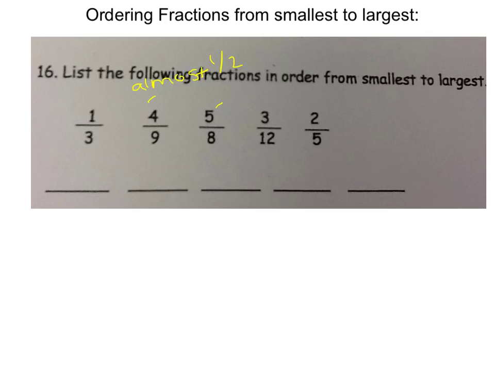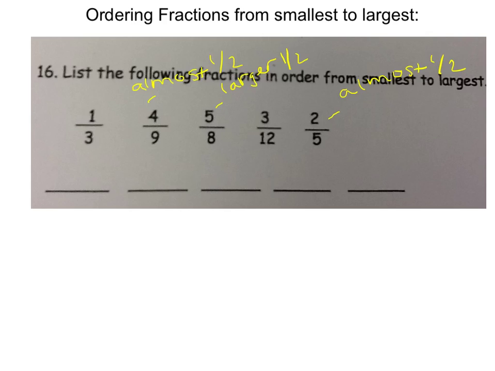This fraction, 5/8, would be larger than 1/2, and 2/5 is almost 1/2. And I know that because half of 8, for example, would be 4. Half of 9 would be 4.5, and half of 5 would be 2.5. So those are pretty close.